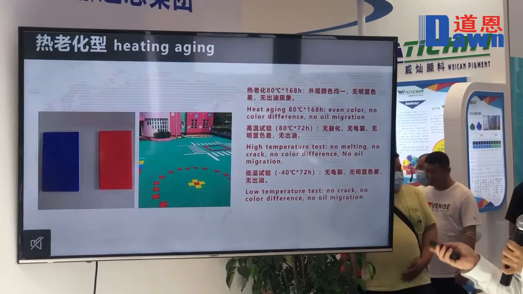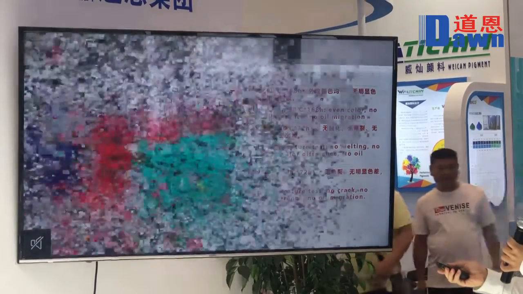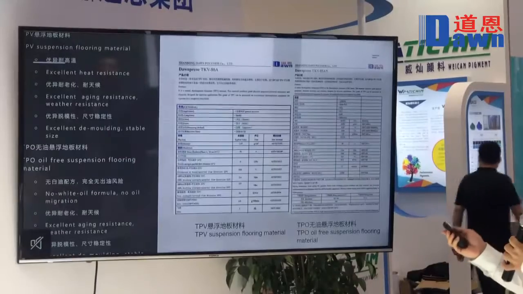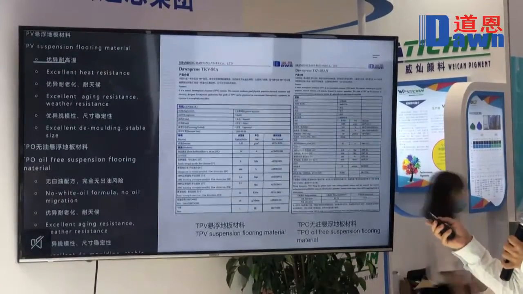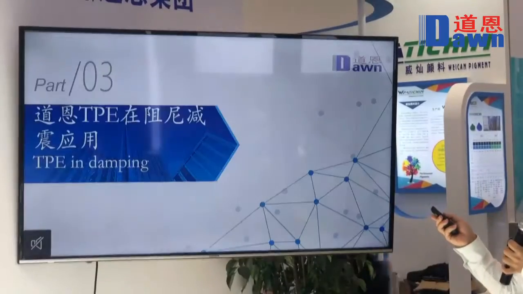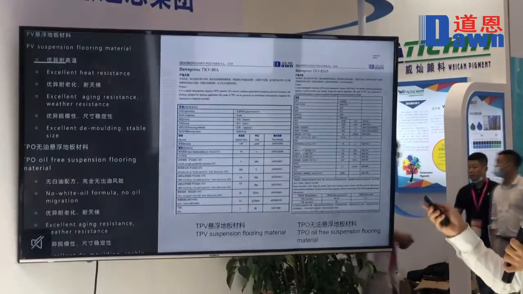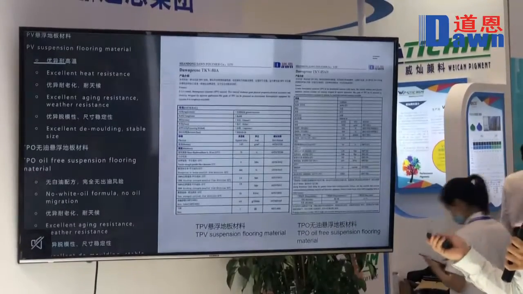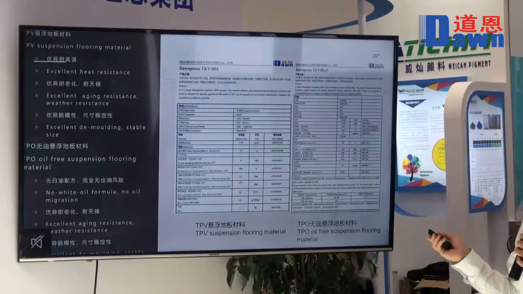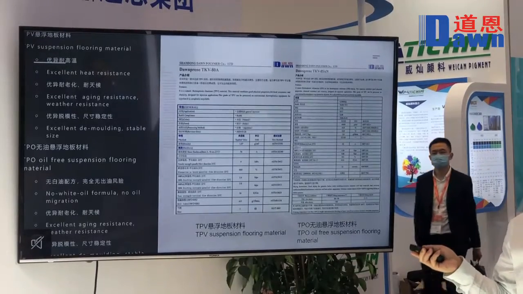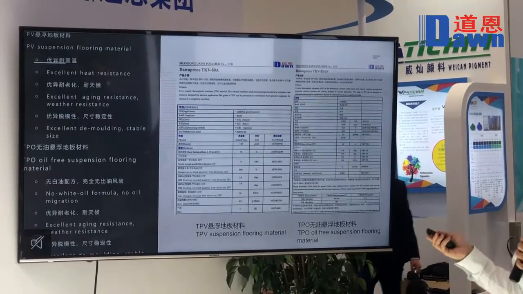Here I'm introducing something about the suspended flooring. There are two series materials. The first is the TPV series, another TPO series. They belong to the suspended flooring. There are some customers worried about there will be the oil migration in the lighting.